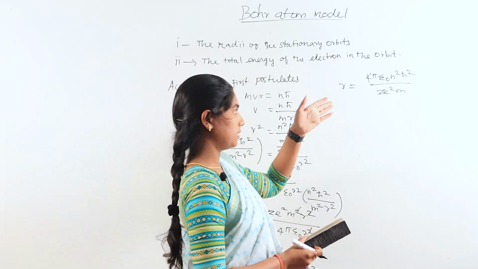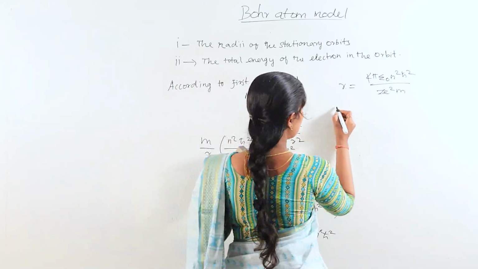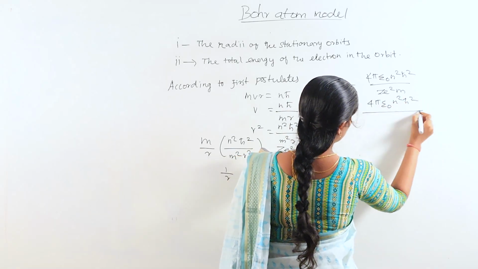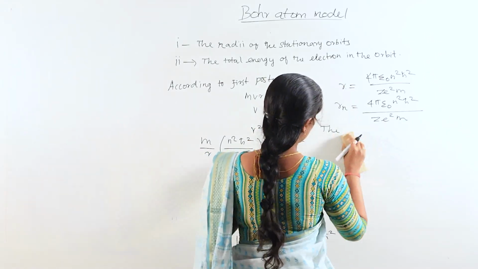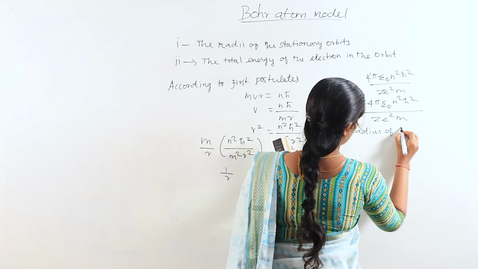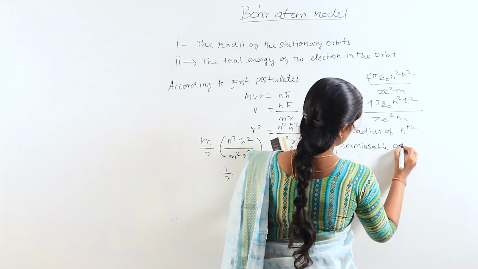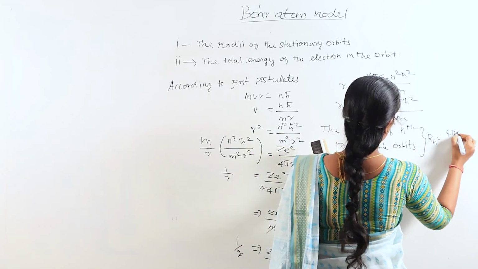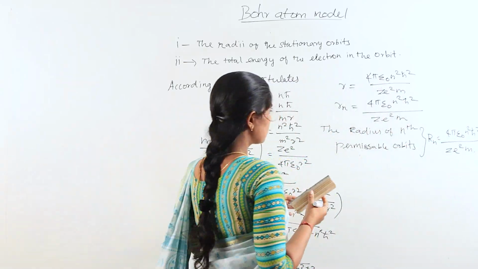And as I said, the system is not happening at one particular time, it is happening many times, so I write this as Rn, the radii of the nth permissible orbit, which is equal to 4 pi epsilon naught n square h cross square by Z e square m. This is the first formula.